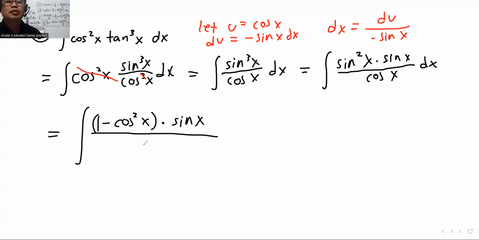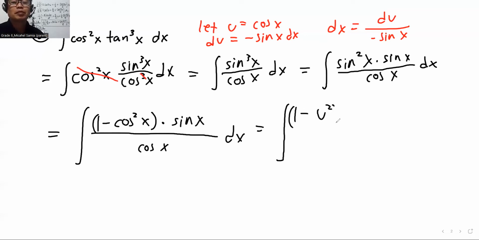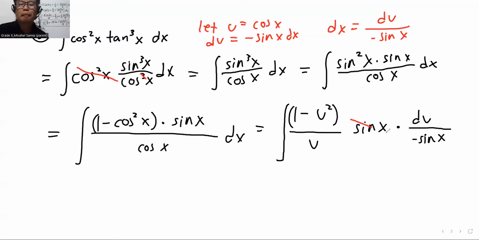Sine x cosine x dx equals, substitute the cosines with the u, 1 minus u squared. I'll just separate the sine x times du over negative sine x. Cancel.